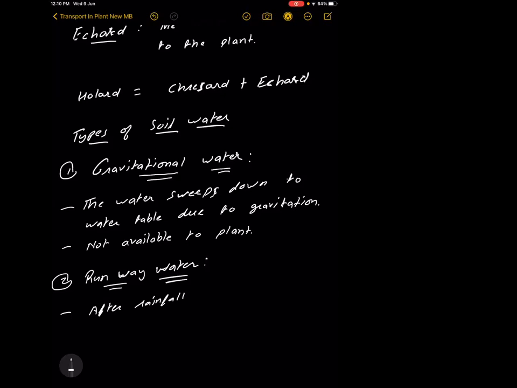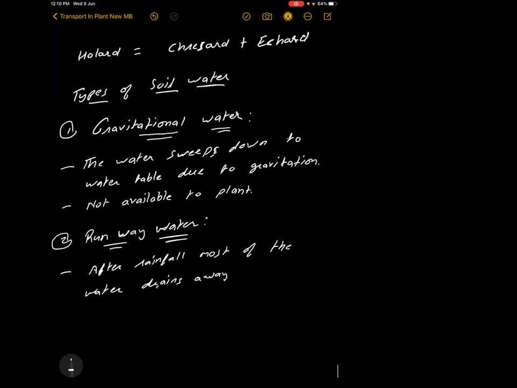So after rainfall, most of the water drains away, and it is not available to the plant.